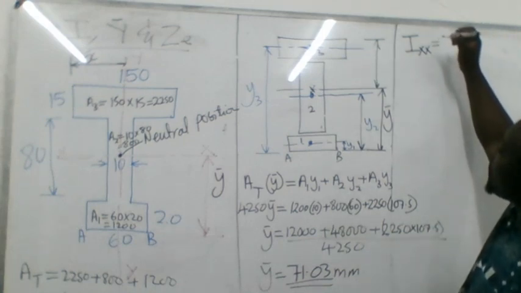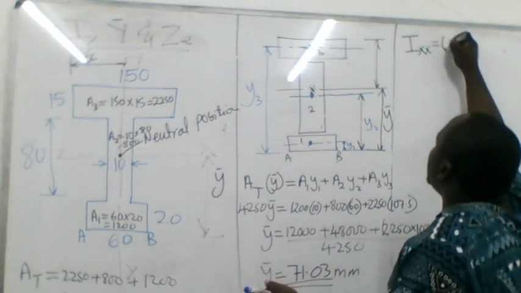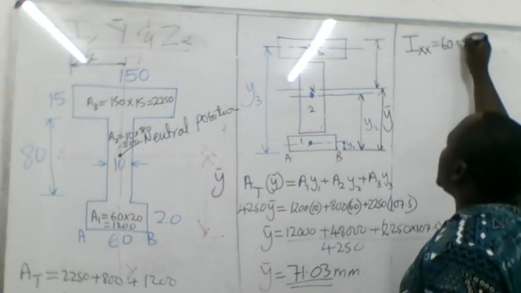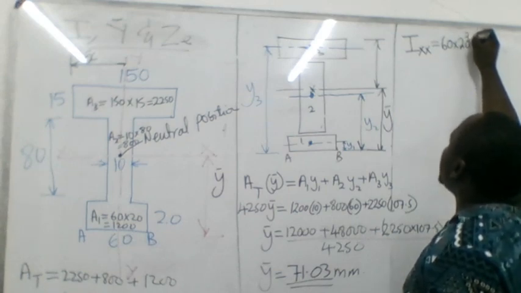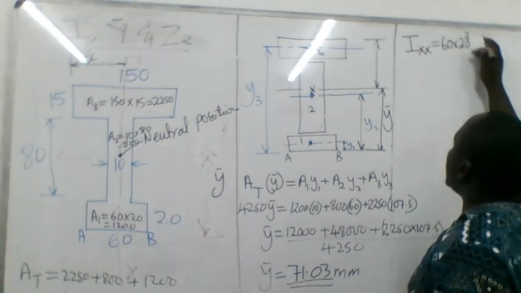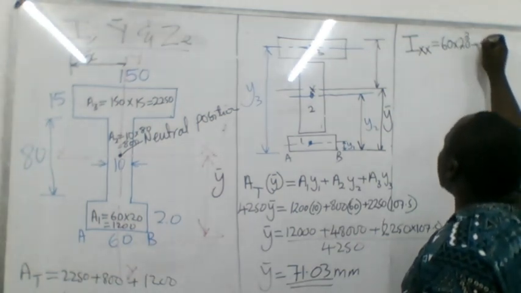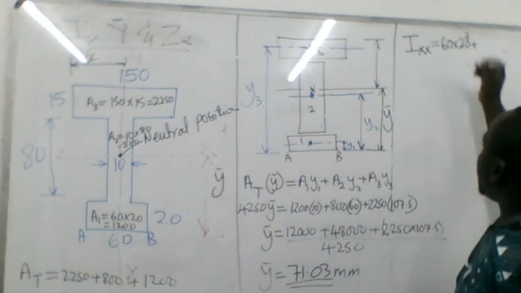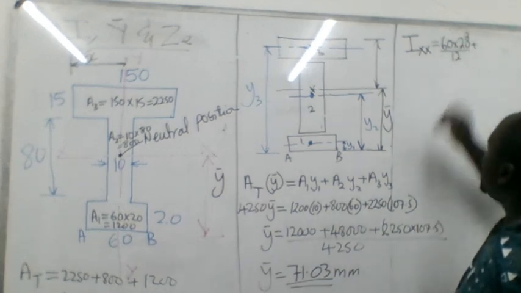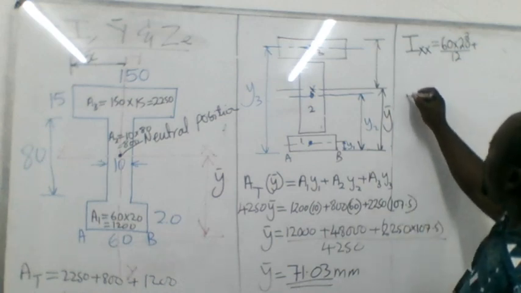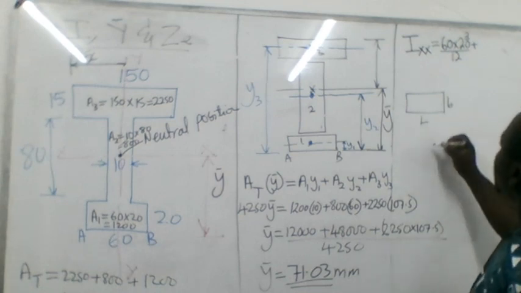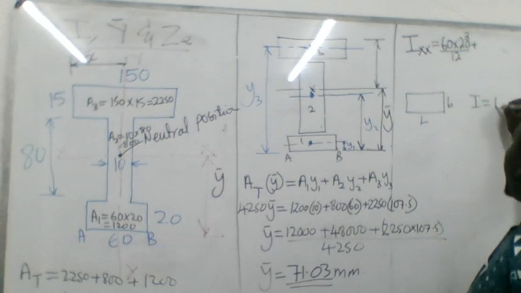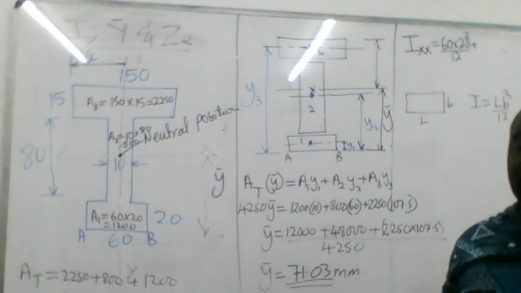So you say 60 times 20 cubed, over 12. It's a standard equation for when you see a rectangle like this, L times B. So you say I is equal to LB cubed over 12. That is the standard.